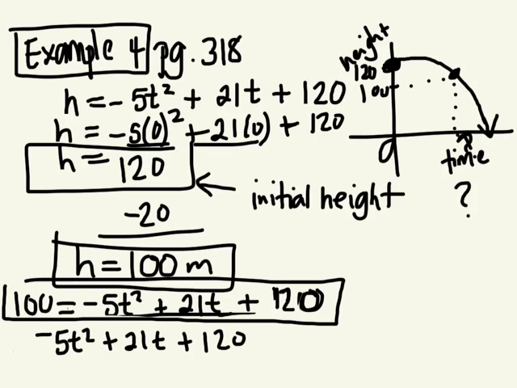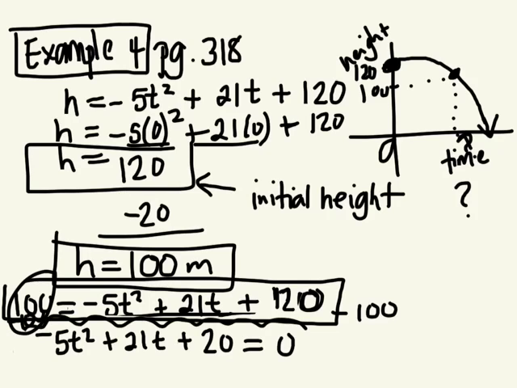If I want to get rid of this 100 from the left side, how do I get rid of 100? Subtract 100. So what do I have to do to the right side? Subtract 100. What's 120 minus 100? 20, right? Plus 20. And I got rid of the 100, so this is equal to 0.